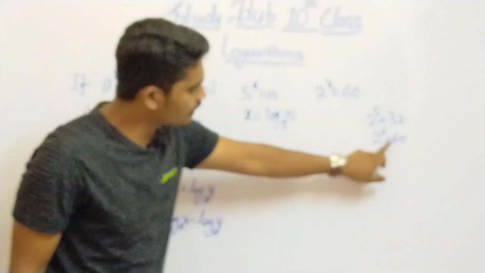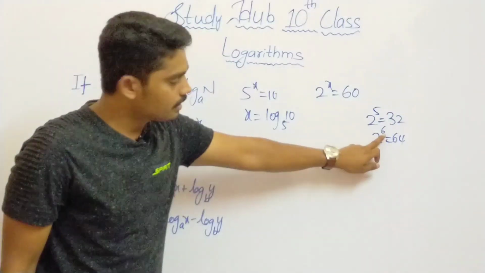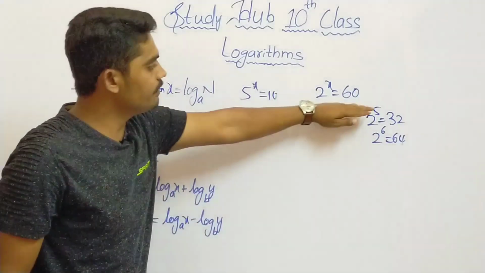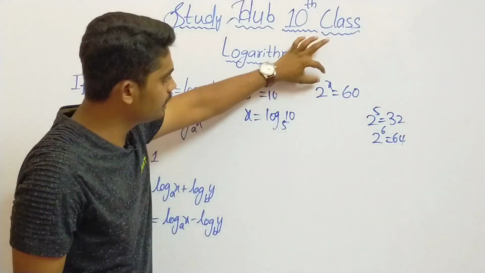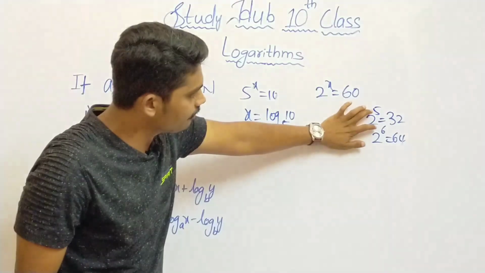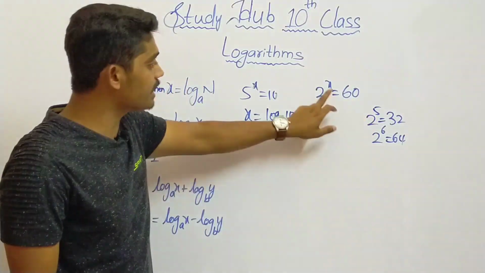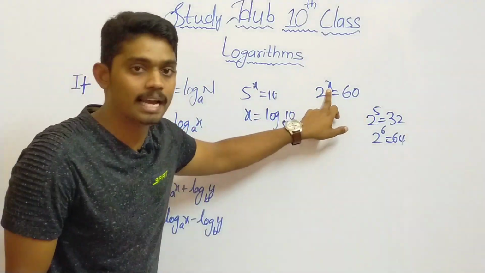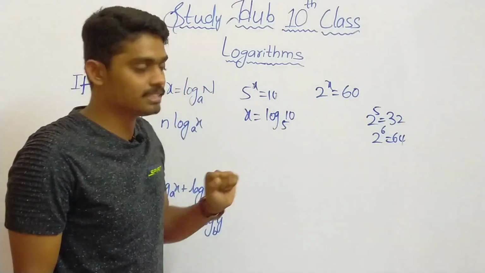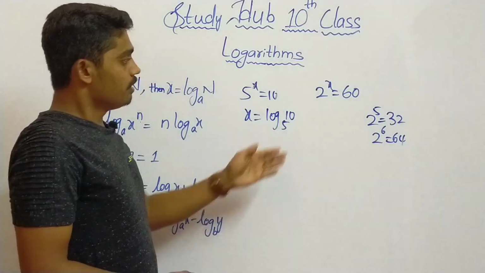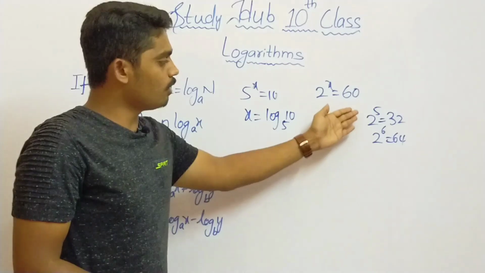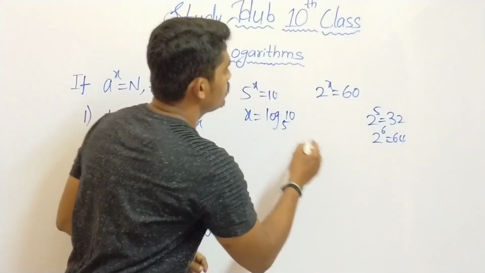If we have 64, we can say x is 6. But when 2 power x is equal to 60, the x value should be between 5 and 6. It is very difficult to find x as it is in decimal form. So to avoid this difficulty, we will use logarithms.